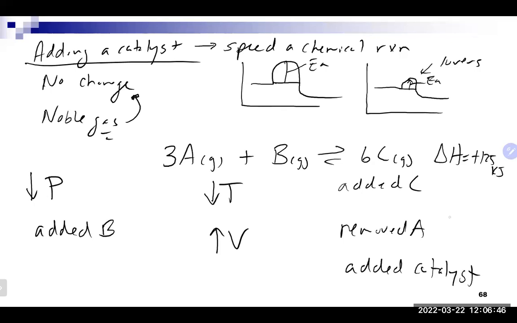That's good, I think. All right, left, right, or no change in these cases.